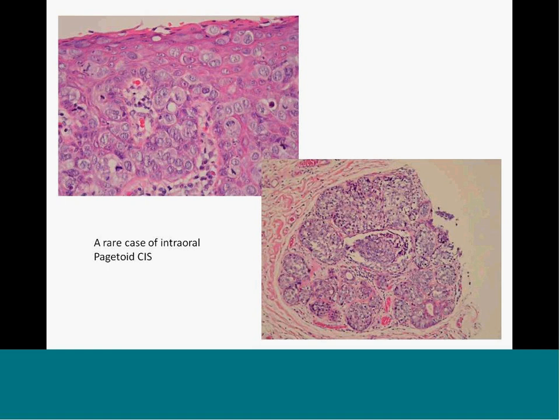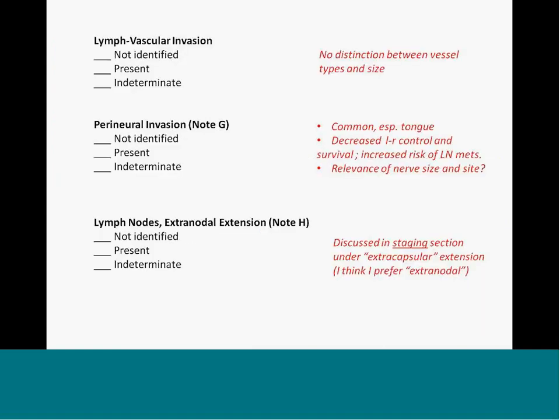She had an invasive squamous cell carcinoma, and adjacent to that invasive carcinoma, she had the pagetoid type of in situ disease. In fact, these cells spread along the ducts of minor salivary glands, and you get this colonization or canalization of the lobules of the minor salivary glands. It is a very unusual case.